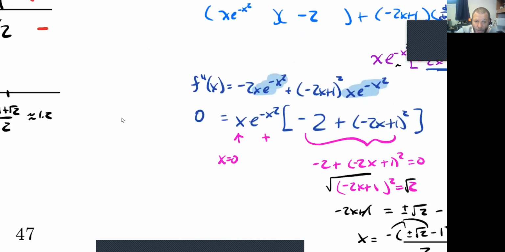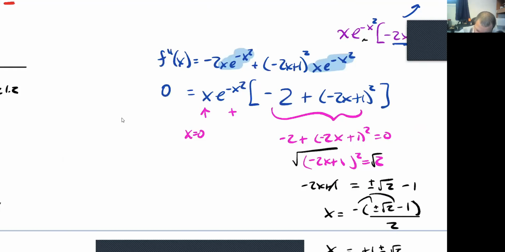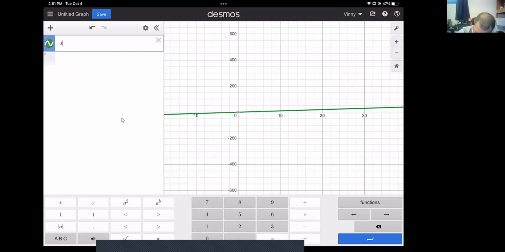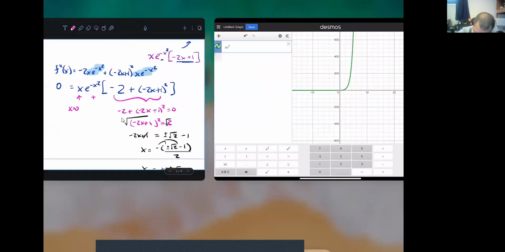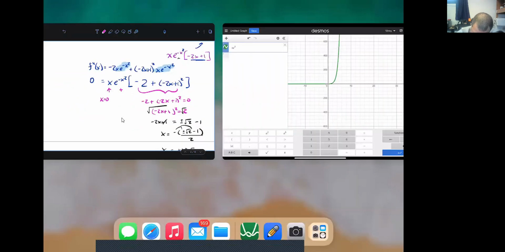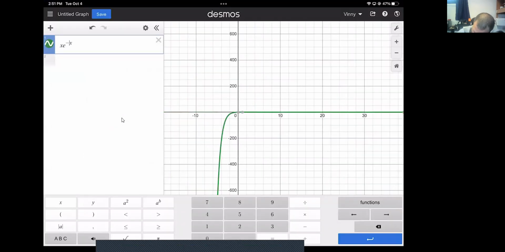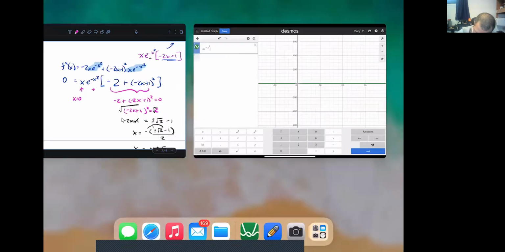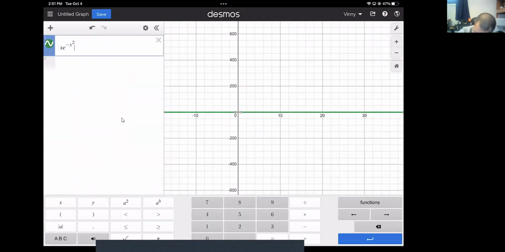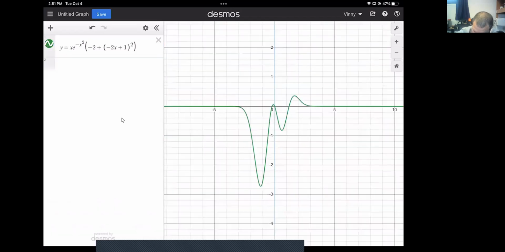So if I were to look at what the graph of x e to the negative x squared, then we are multiplying this by negative 2 plus, in parentheses, negative 2x plus 1 squared, close my other parentheses, make this thing y equals, so graphs, zoom in a little bit. All right, so here's our function.